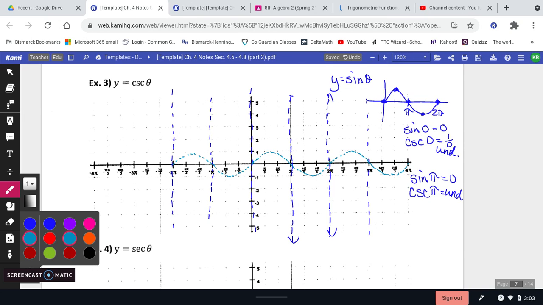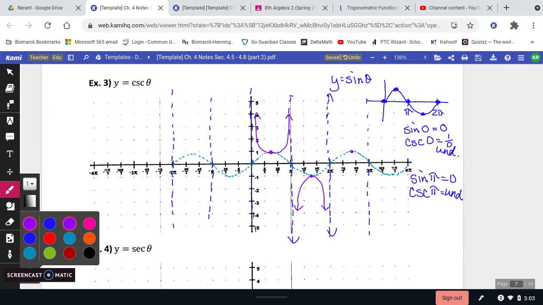So your cosecant, wherever your high point is on your sine, that is a low point on the cosecant, and it opens up like this, and it's going to follow along those vertical asymptotes. Where you have a low point on sine, your cosecant opens down.